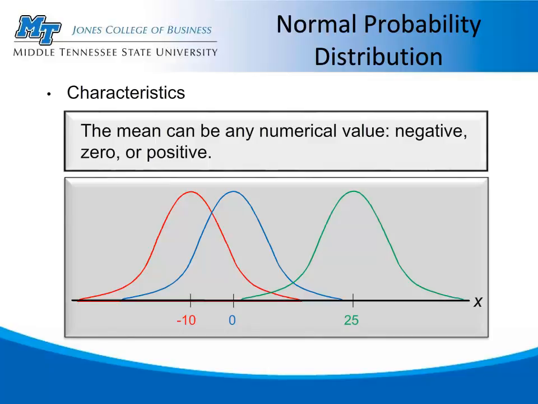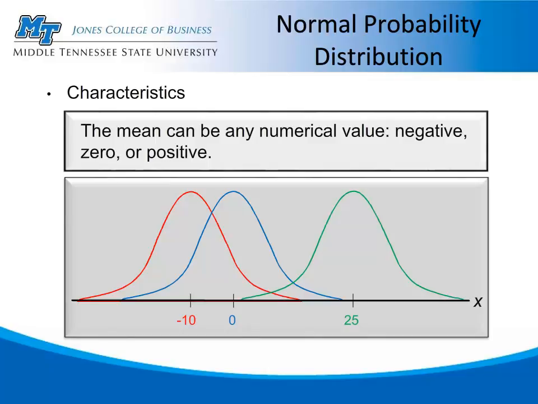The point in the middle is a -10. You can have 0 for the mean. The blue curve shows that possibility. But you could also have a positive number for the mean, and the green curve shows that possibility. Now in each case, these curves are pretty much scattered out the same way. So whatever the standard deviation is, it's the same for all three of them.